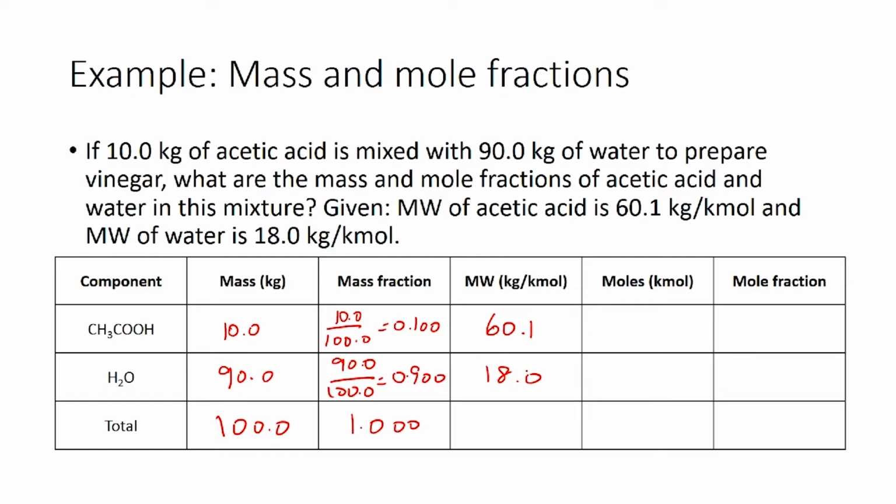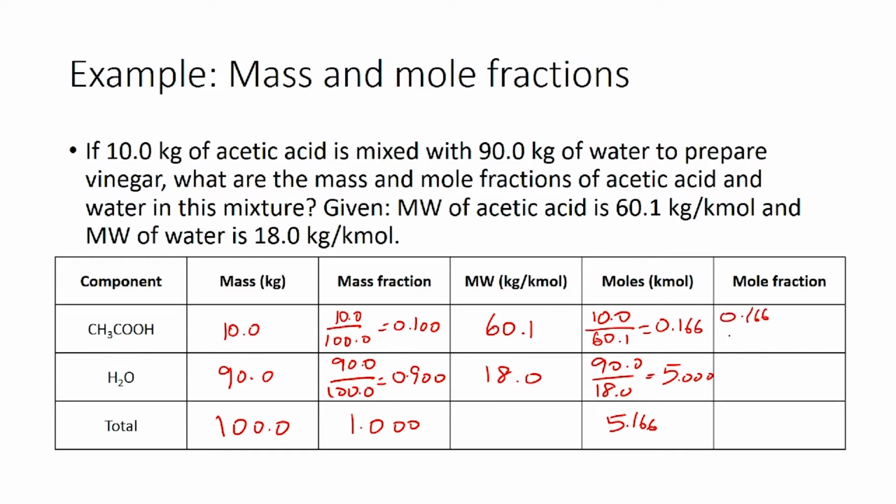Based on this, we can calculate the number of moles of acetic acid as mass, which is 10.0 divided by 60.1, giving you a value of 0.166, and for water, mass which is 90 kilograms divided by the molecular weight, giving you 5 moles. So, you are left with a final answer which is the total number of moles as 5.166.